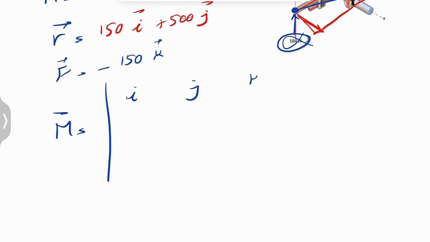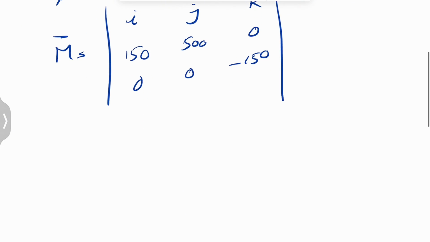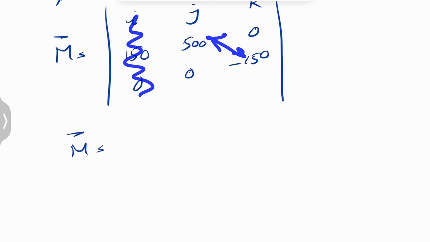So i, j, k, the second row is the r, so 150, 500, 0, and 0, 0, negative 150. And let's just find this. So for finding the x, we're just going to cover this. We have 500 times the negative 150.